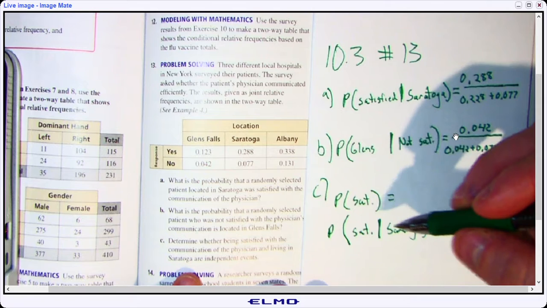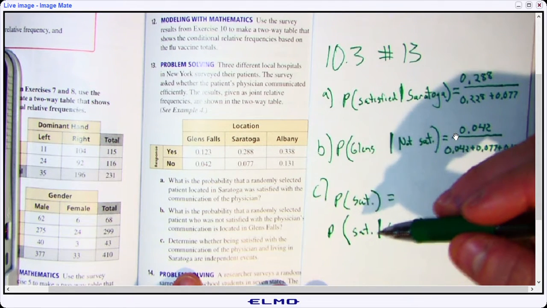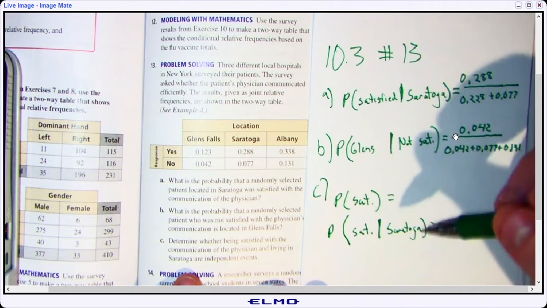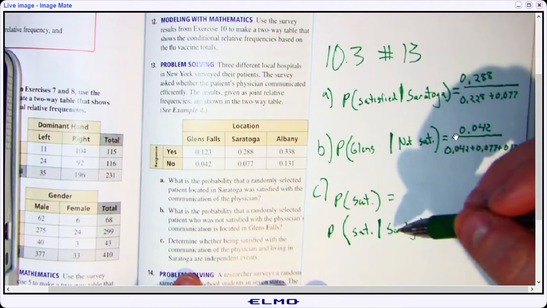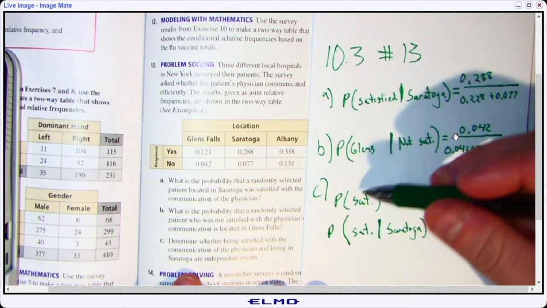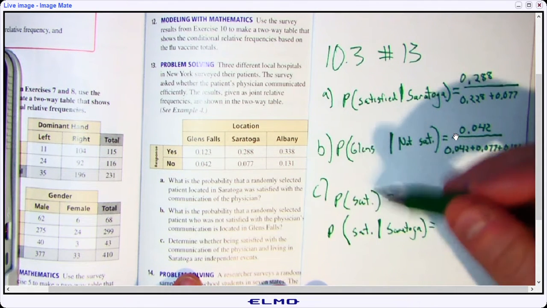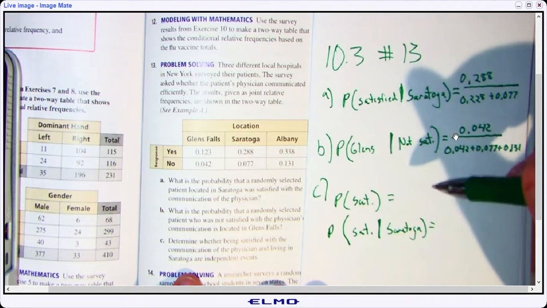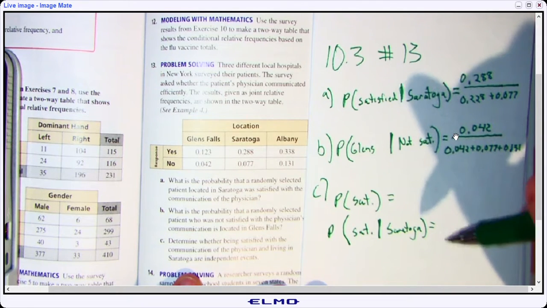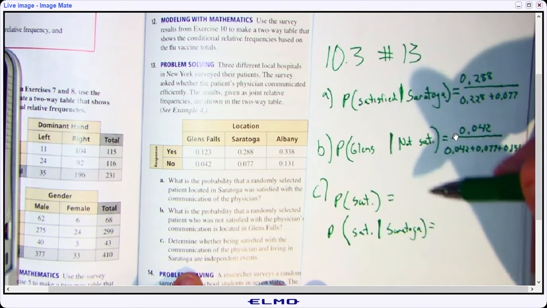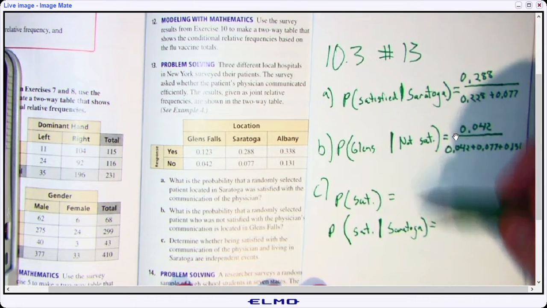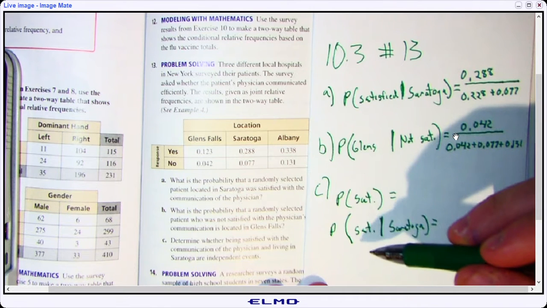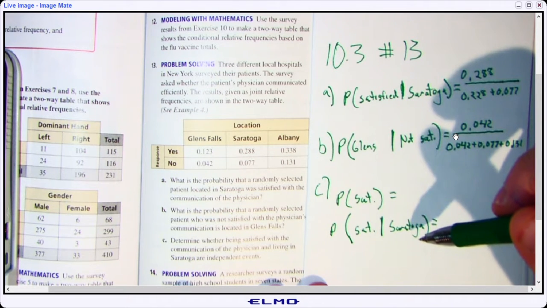It doesn't matter whether or not you live in Saratoga, you have the same probability of being satisfied. But if the service in Saratoga is particularly bad, we'll probably see a difference between the general probability of being satisfied versus that just in Saratoga. If these two aren't about the same, and they don't have to be perfectly the same, but maybe within 1 or 2%, then the events are probably dependent. There's probably some reason people aren't satisfied, given that they live in Saratoga.